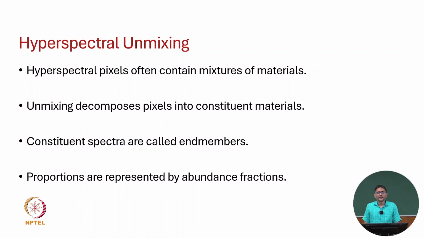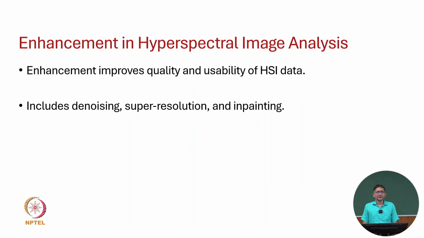So with unmixing, what we aim to do is to decompose these pixels into constituent materials. The constituent spectra we call end members, and the proportions are denoted by the abundance.